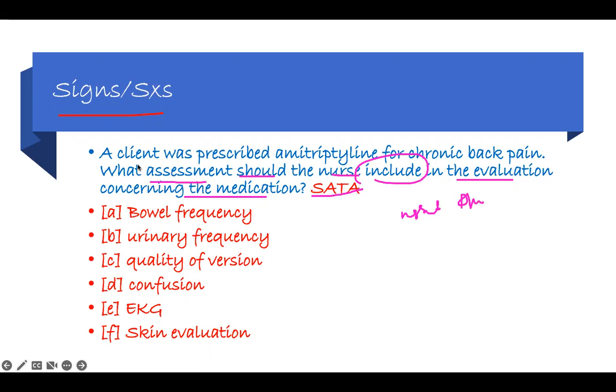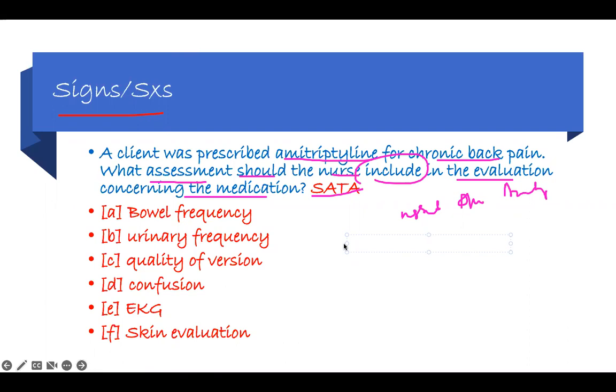And then a client was prescribed amitriptyline for chronic back pain. So he's on amitriptyline for back pain. Okay, what should I include? Then you go back, you sit down and say, before even you look at the answer, what is amitriptyline? You go back to your content, you know, this is anticholinergic.